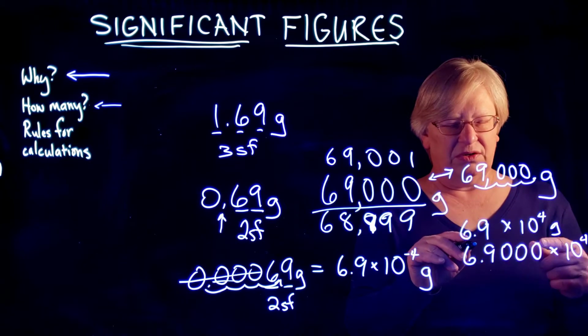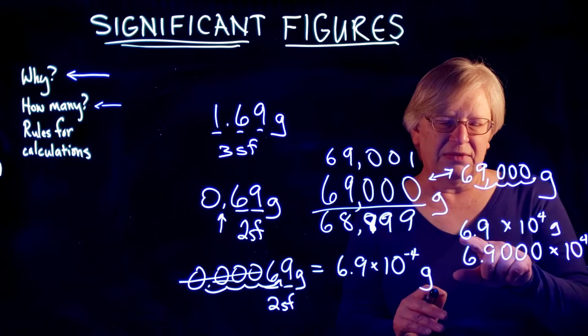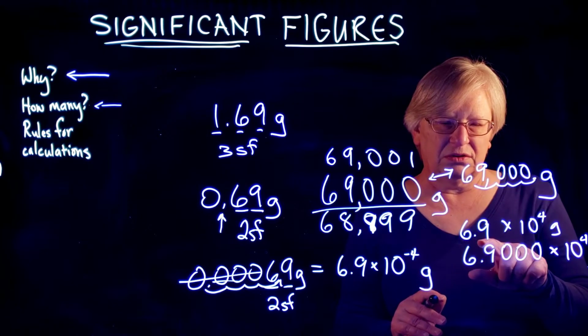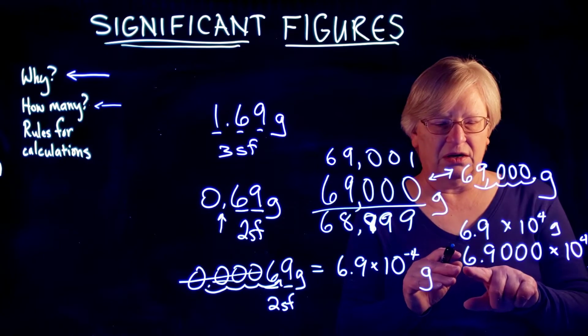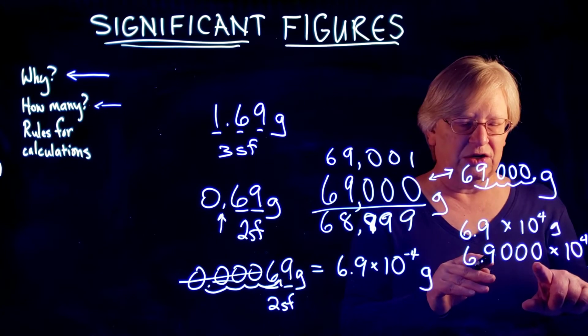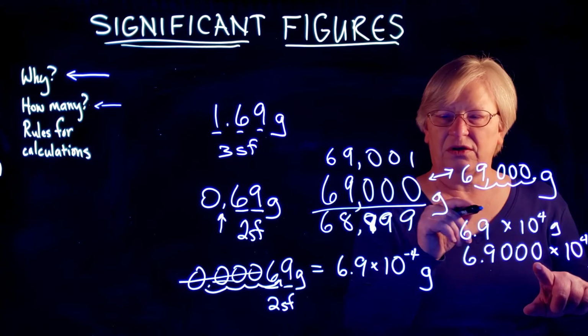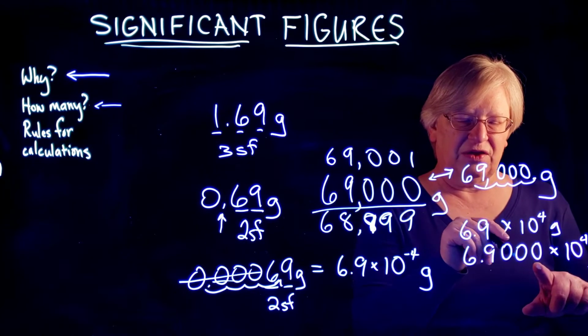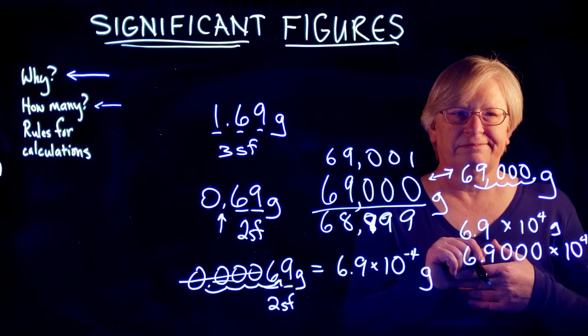These are the same number, aren't they? They're both 69,000, but this says I measured it to 2 places worth of precision. Here, I measured it so carefully that I know it absolutely down to the gram. I know that it's closer to 69,000 grams than it is to 69,001 grams.